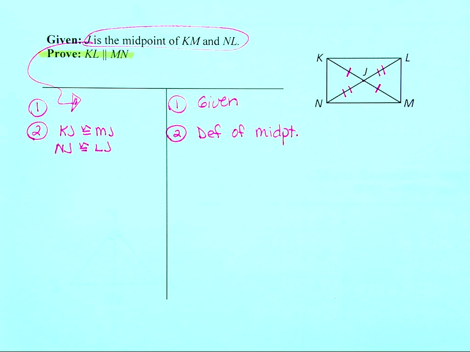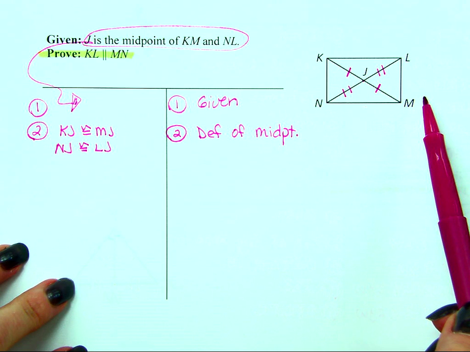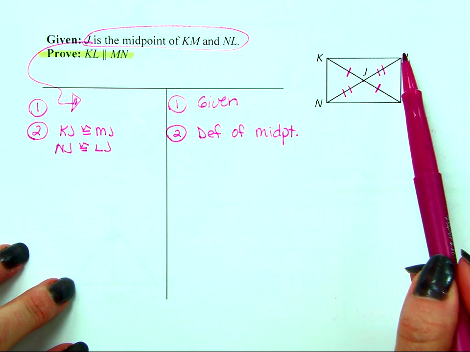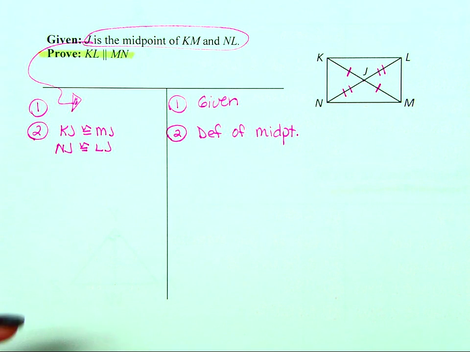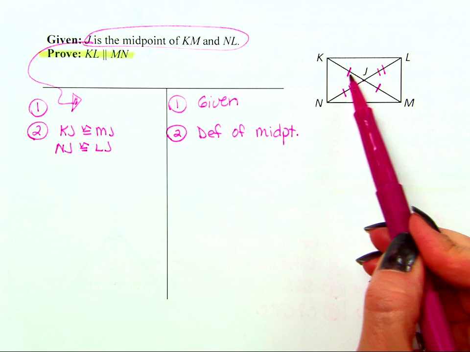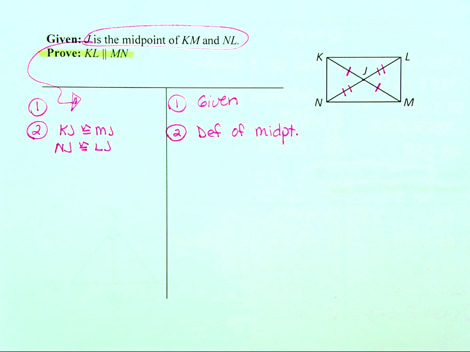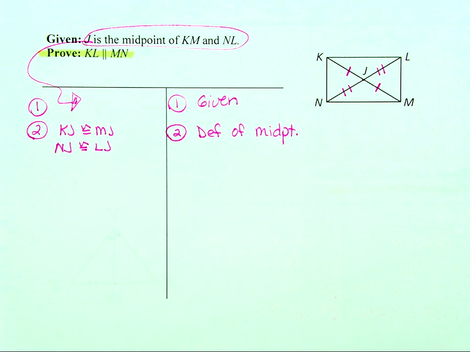Well, I wanted to point out in this picture, there are many possible triangles. There's the littler triangles, but there's also the bigger triangles. And sometimes, depending on what you're trying to prove or what your given information is, that's going to affect which triangles you use. Now, because I have my two segments proven congruent, I'm actually going to take a look at using the triangle on the top and the triangle on the bottom.